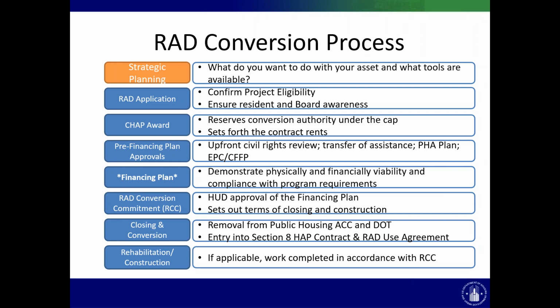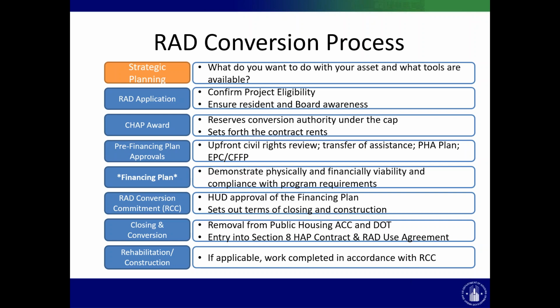we have a simple RAD application, which the PHA fills out. The purpose of it is to confirm that the project is eligible for conversion under RAD, and the key eligibility requirement really being that the units are under the public housing ACC.